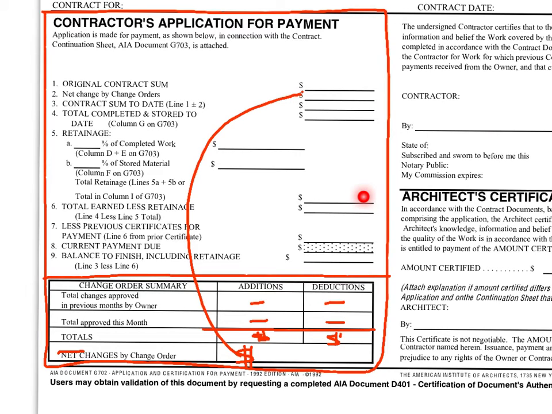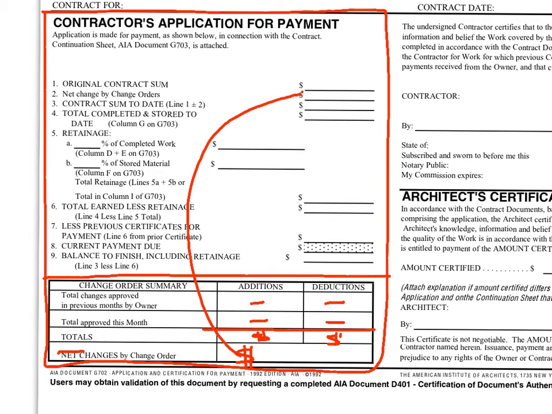Line 6 is the total earned to date less retainage, and it's obtained by subtracting line 5 retainage from line 4 total completed and stored to date. Again, line 6 is total earned less retainage, and that's to date. Line 7 is previous certificates for payment.